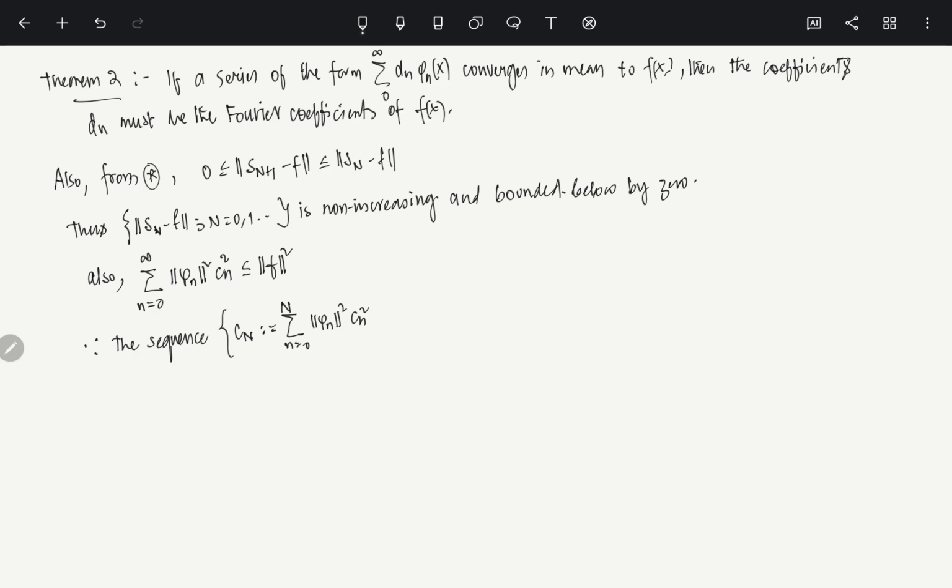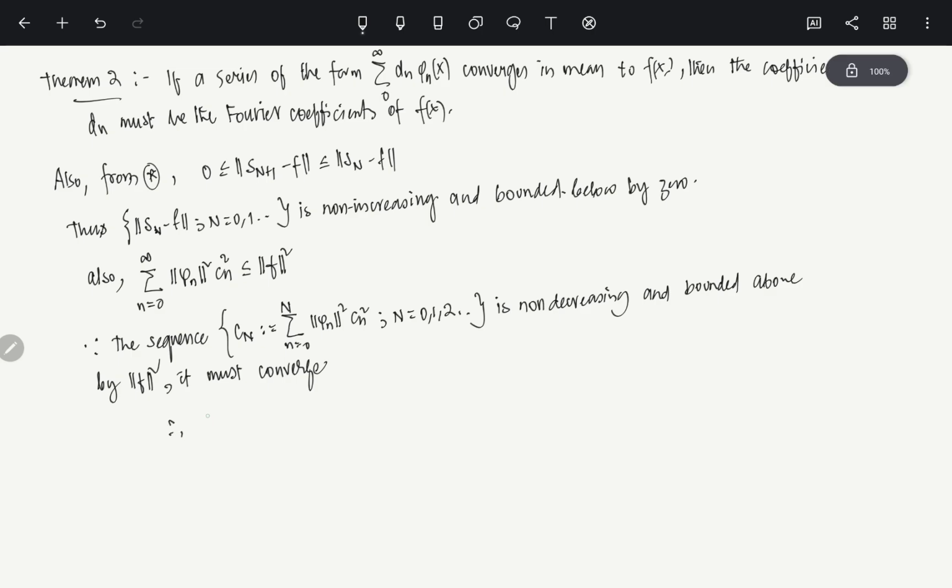This sequence, for n equals 0, 1, 2, is non-decreasing and bounded above by norm f square, so it must converge. Clear?